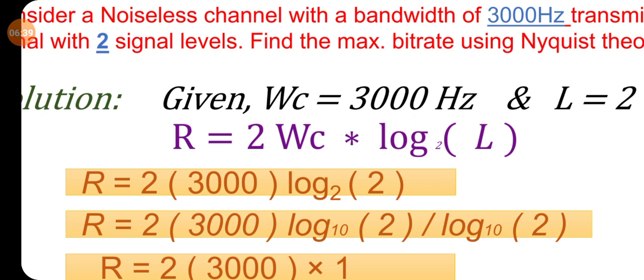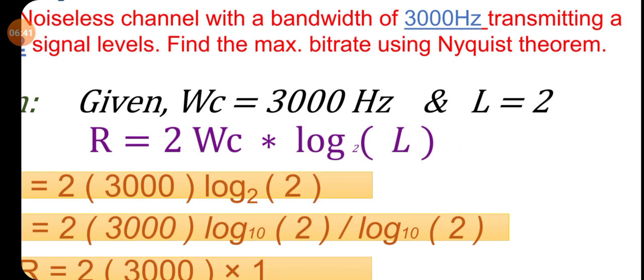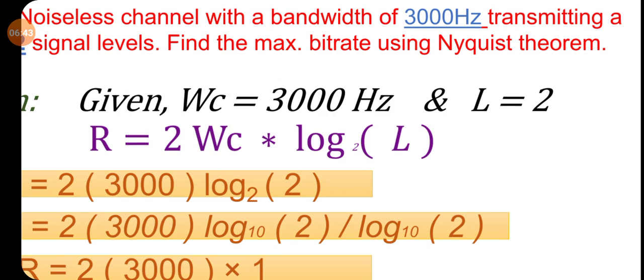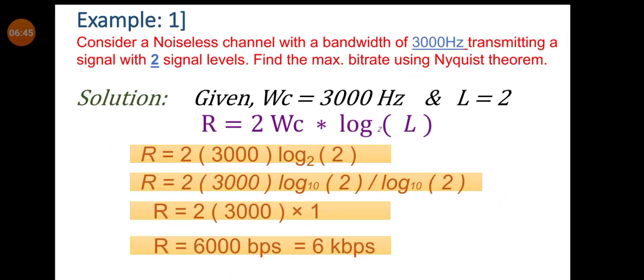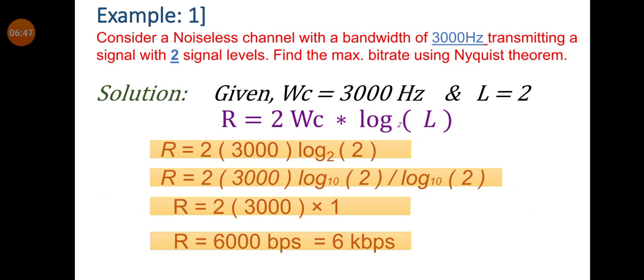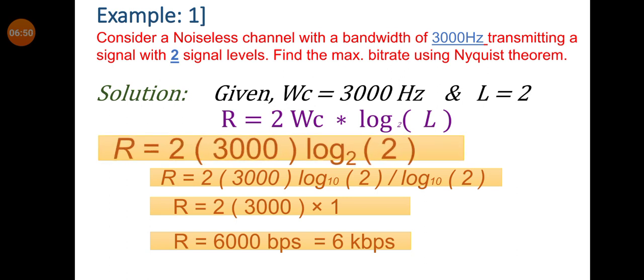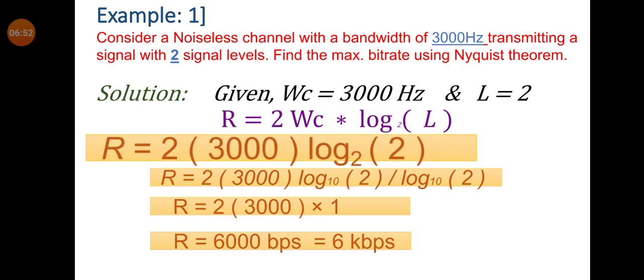So now what you do is, put the given values in the formula. Insert the given values in the formula. So the first step we get in the solution is R equal to 2 into WC. WC means bandwidth, that is 3000.